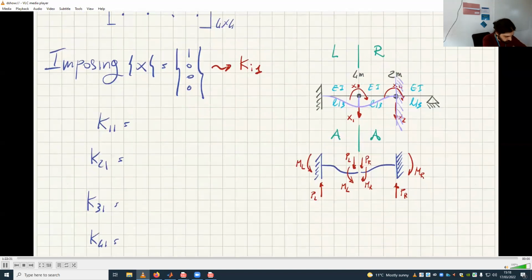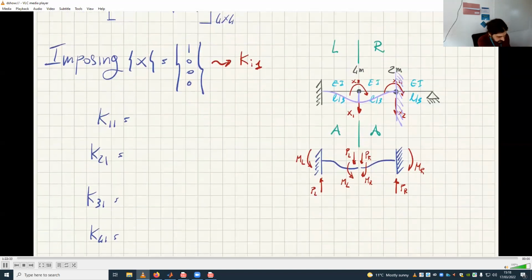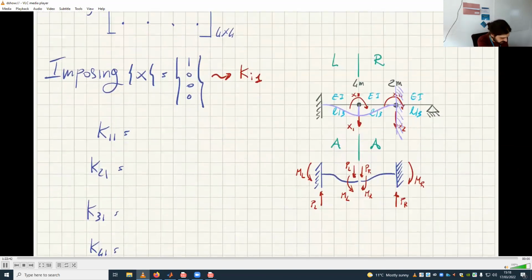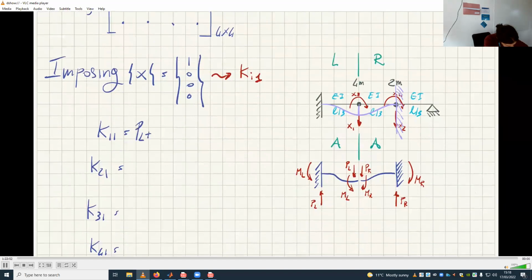So let's look at k11. K11 is the force in degree of freedom 1 when degree of freedom 1 is displaced 1 unit. So degree of freedom 1 is this. What is the force in degree of freedom 1? It's PL plus PR. Can you see it? PL plus PR.